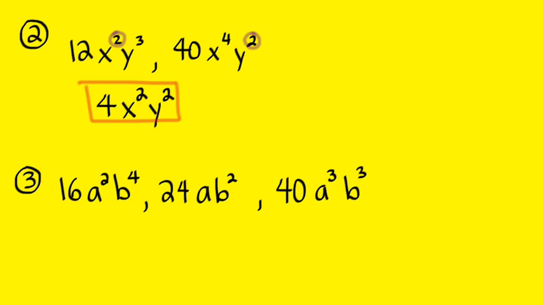Can 8 go into 24? Can 8 go into 40? And they can. So we know that 8 is going to be the whole number. And then what's the largest amount of a's that they have in common? Well, just one, right? And what's the largest number of b's that they have in common? That would be 2. And there you have it.